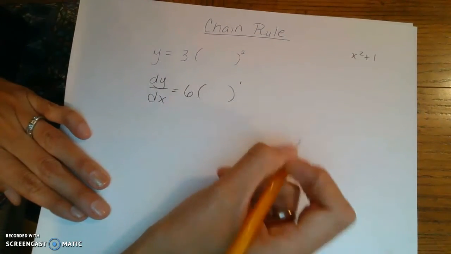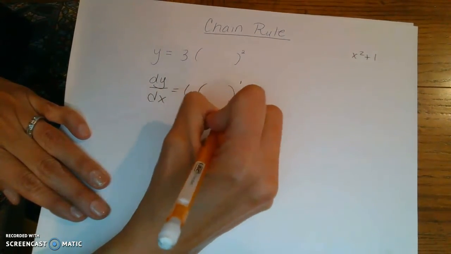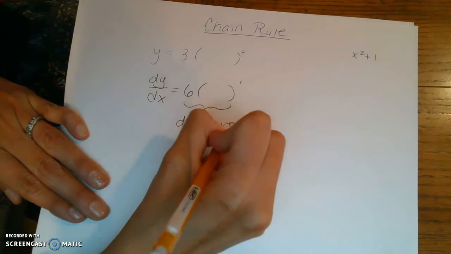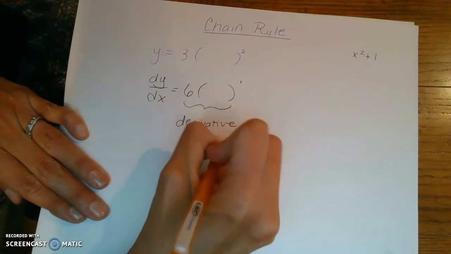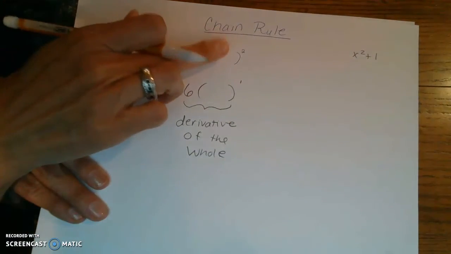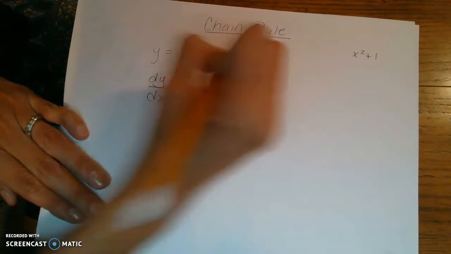So when we're looking at this step here, it is taking the derivative of the whole, meaning looking at just the outside function. We're not looking at what's in here. And yes, that was there.